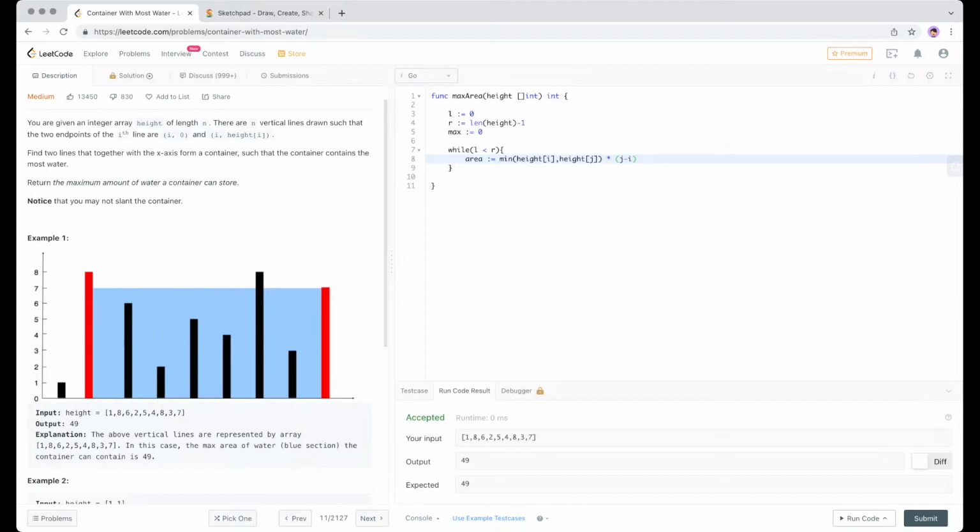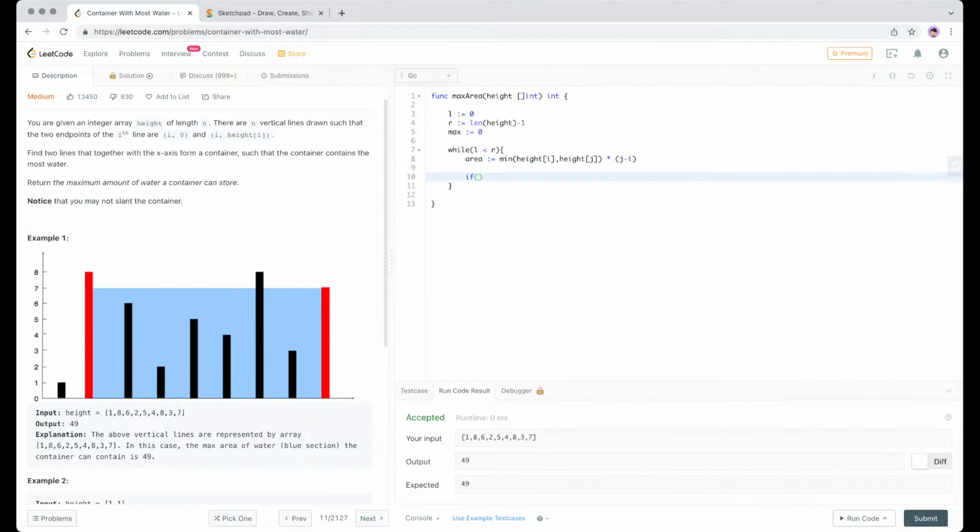Then for the height you're trying to find the minimum, so you get 1, because that is the square. The minimum is the square. You don't want the max, because the max won't form a square, because this one is smaller. So basically you have to find the minimum.